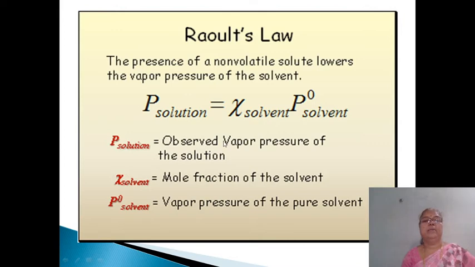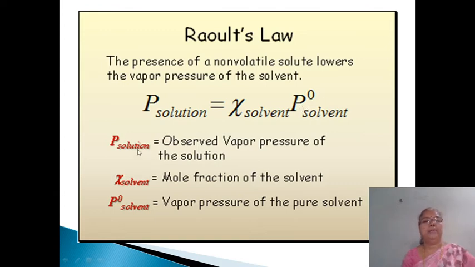This is the general mathematical expression of Raoult's law. The partial vapor pressure of any constituent of the solution is the mole fraction of that constituent multiplied by the vapor pressure of that constituent in a pure state.